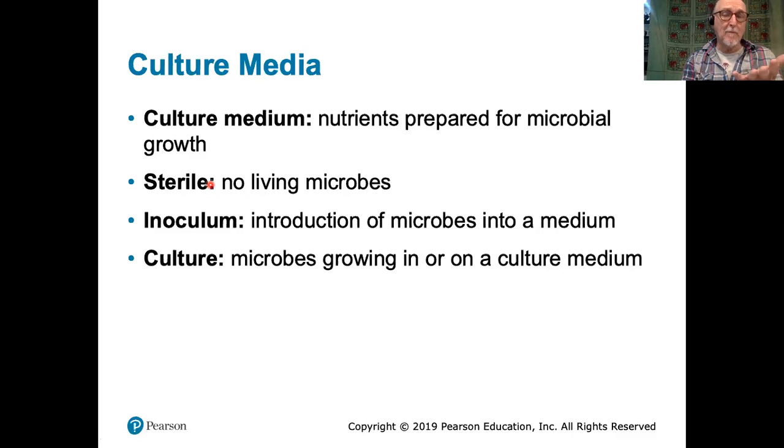If we simply boil media, we may actually still have bacterial spores in it, and those will revive once we reduce the temperature below boiling point. In order to kill spores, we have to raise the temperature well above boiling point and keep it there for about 20 minutes in an autoclave, and that ensures that everything is killed and that the medium is sterile.